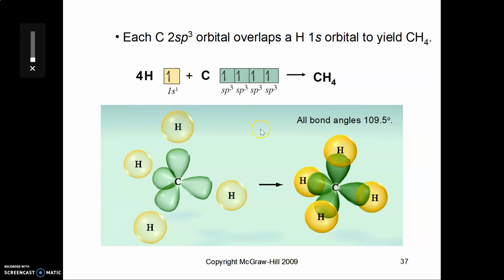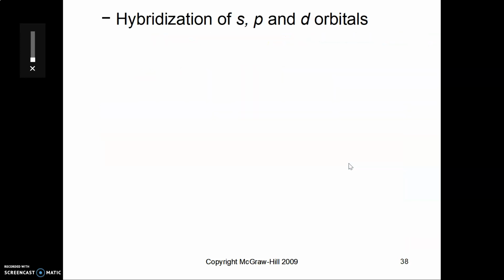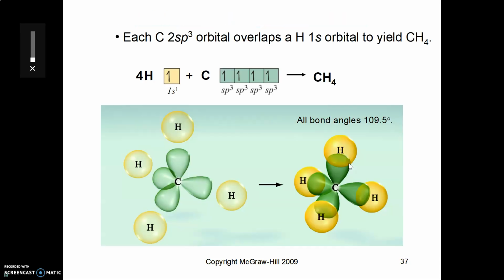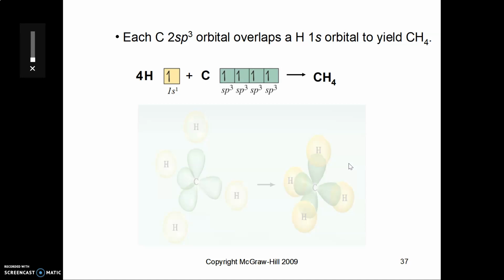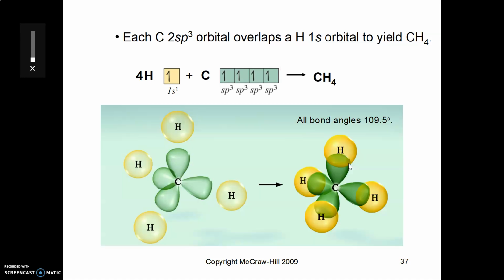So you get 109.5 degree angles, and you get this tetrahedral methane molecule. So you have sp3, sp2, and sp, which is just the number of p orbitals that you're using.